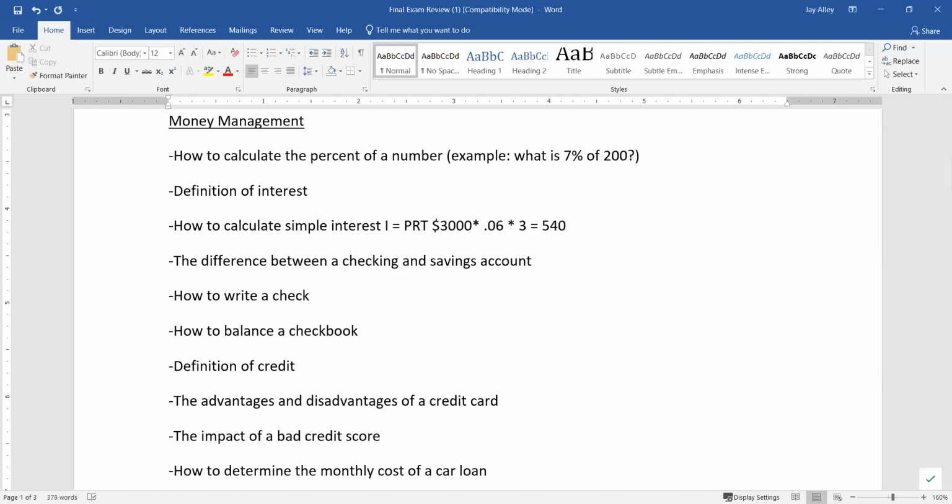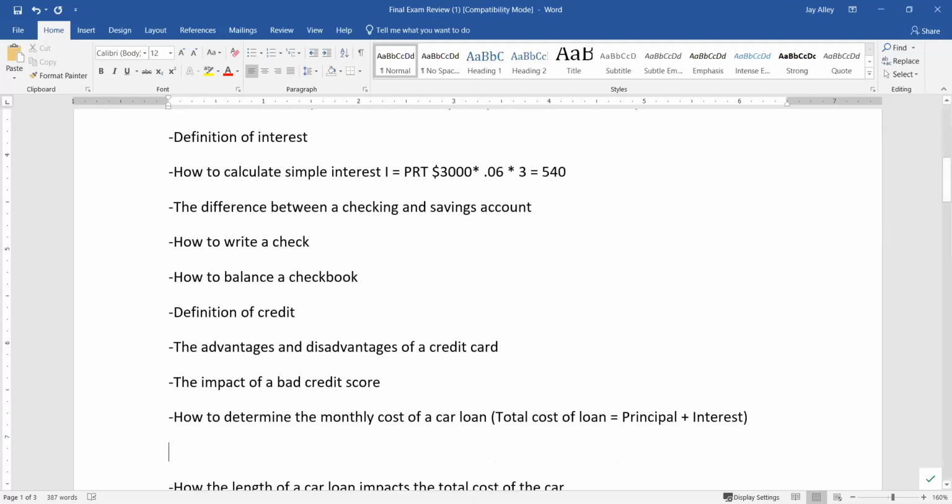So the total cost of my loan, take that same example down here. Take your principal plus your interest. So in my example, I've got a total cost of $3,540 to pay back over 3 years.